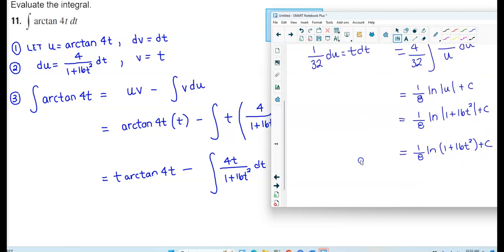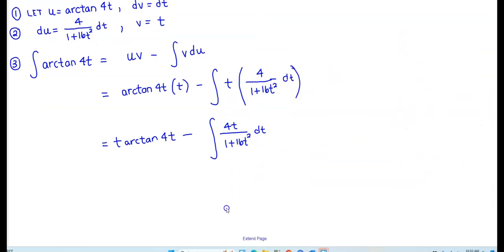So we know that we would get the following: t times the arctangent of 4t minus 1/8 times the natural log of parentheses 1 plus 16t squared plus c.